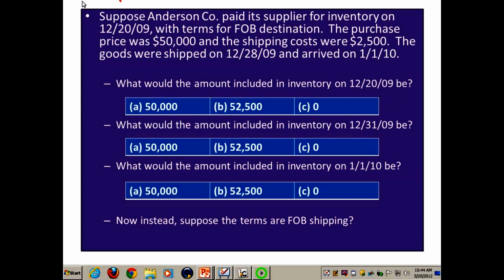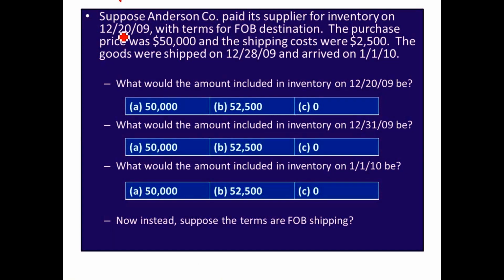Okay, so let's say this says, suppose Anderson Company paid its supplier for inventory on 12/20/09. So on 12/20/09, you pay for your supplies. Okay, and the terms are FOB destination. Now, the purchase price was $50,000 and the shipping costs were $2,500.